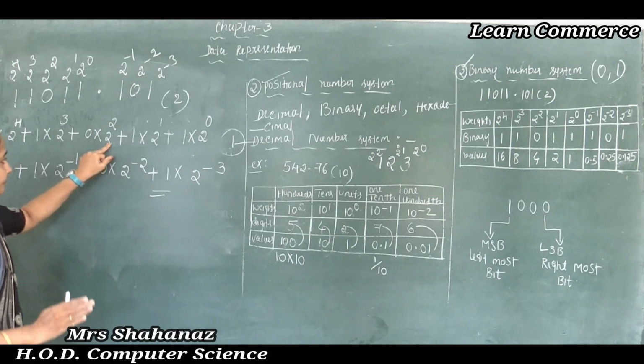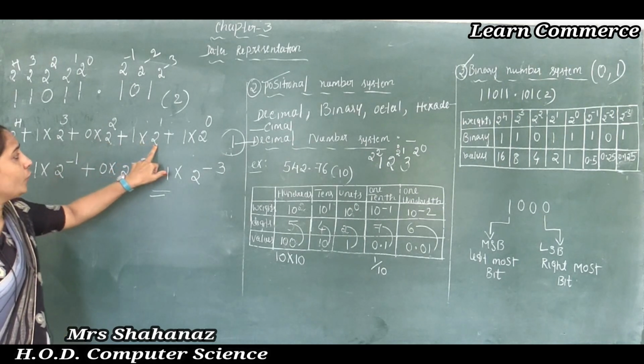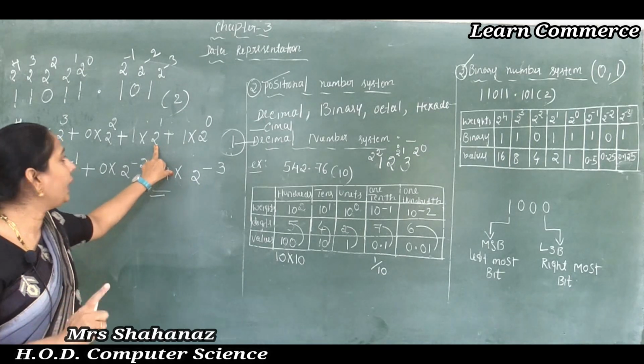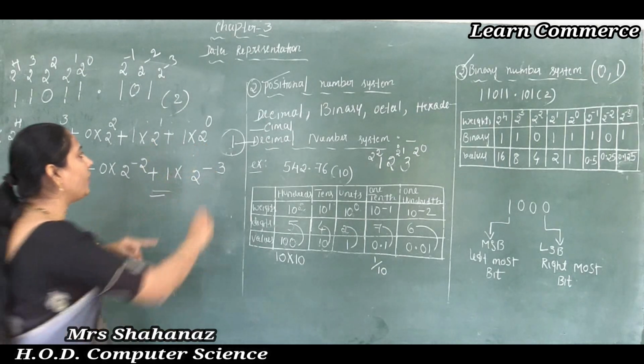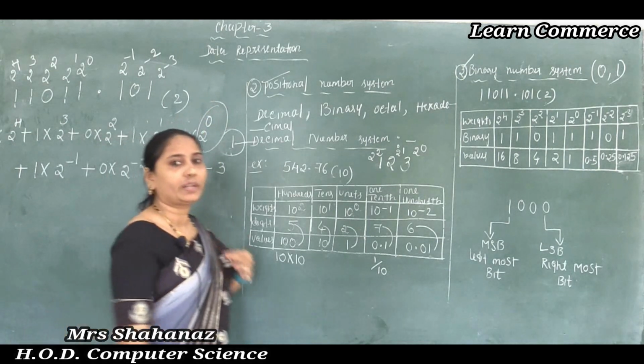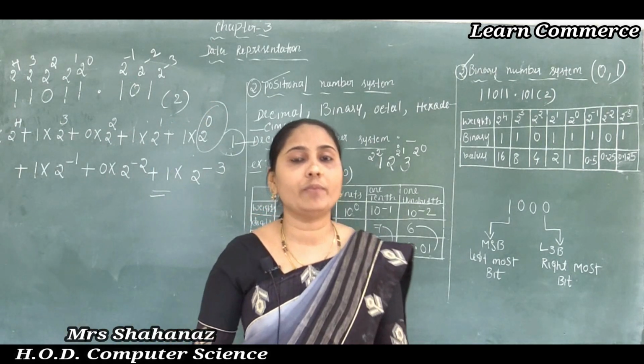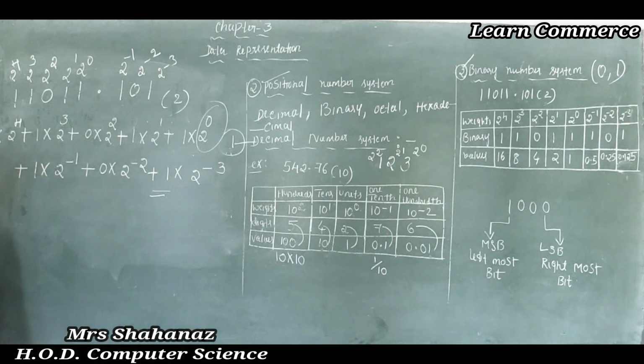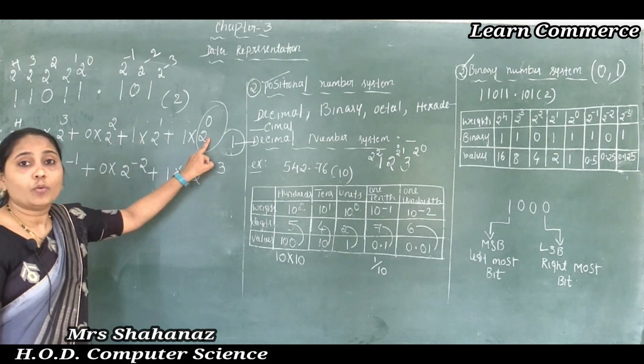Plus 1 into 2, the value is 2 only. Plus 1 into, I already said one important note: 2 to the power of 0, 8 to the power of 0, 10 to the power of 0, 16 to the power of 0, always contain the value 1 only.